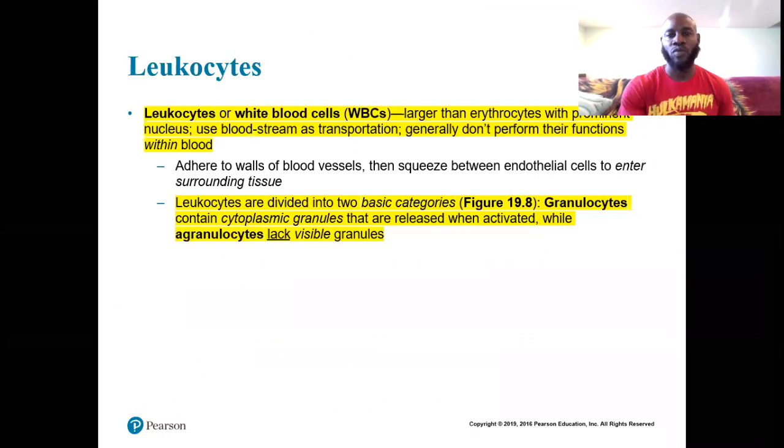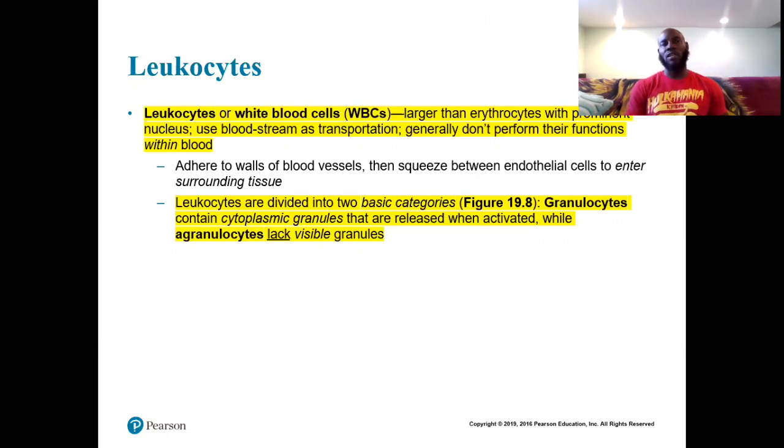All right, so this is another part of blood. Remember, we talked about plasma being 55%, red blood cells 45%, and then another 1% of other molecules that are in blood.